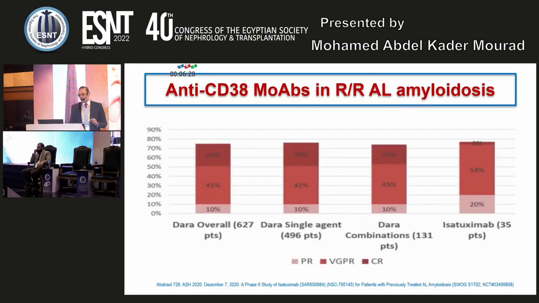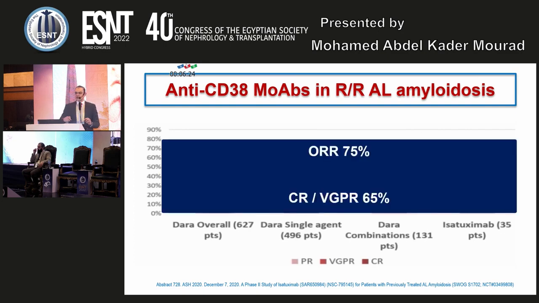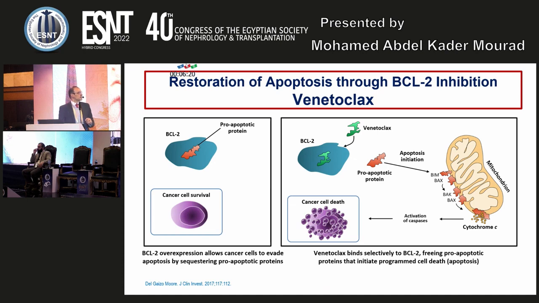What about the monoclonal antibody like isatuximab, or DARA, in combination with dexamethasone? It achieves a 75% overall response, with complete remission in 56%. The newcomer in all hematological malignancies is targeting BCL2. There is an overexpression of BCL2 on the surface of the cancer cell, protecting it from apoptosis.